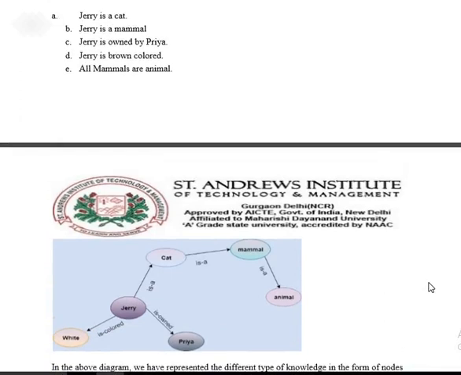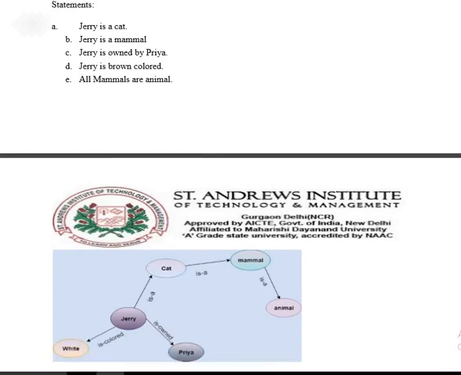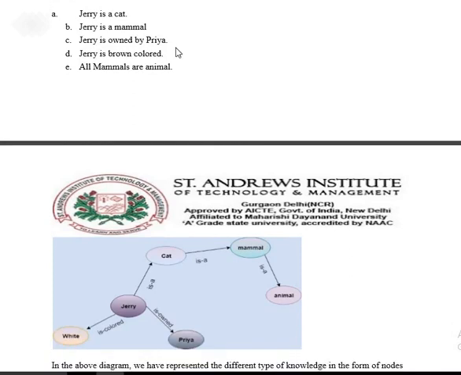I think this is visible to all in the diagram. Let's draw a little. So the example is: Jerry is a cat, Jerry is a mammal, Jerry is owned by Priya, Jerry is white in color. All mammals are animals. So this is a complex statement given in a language format.